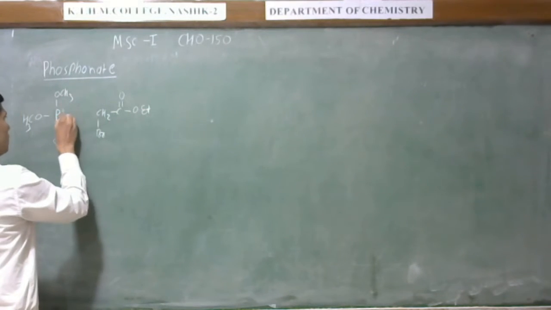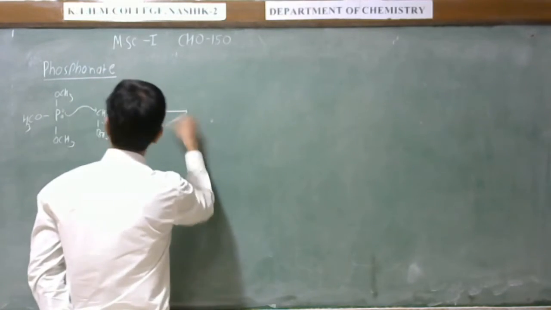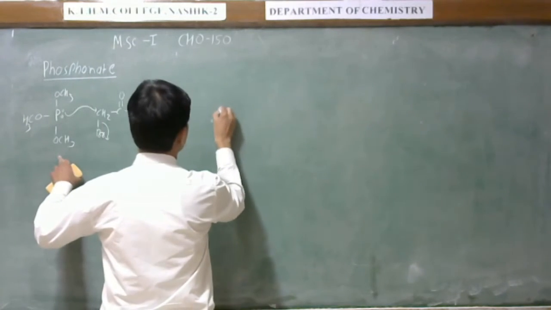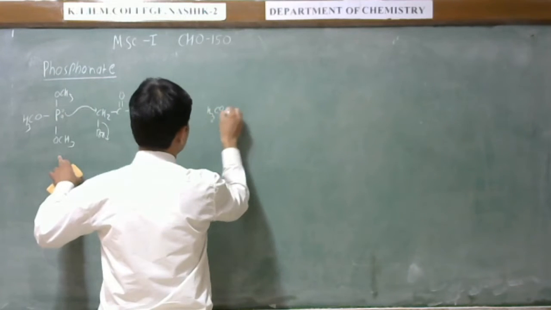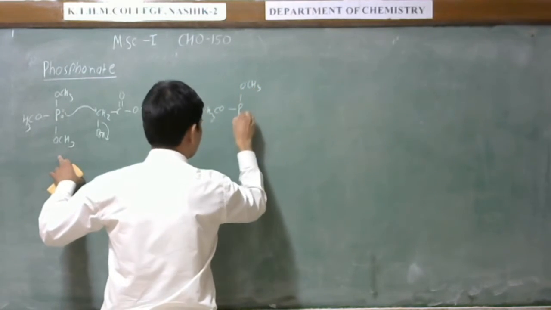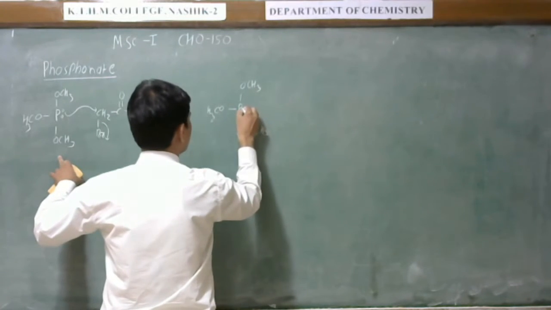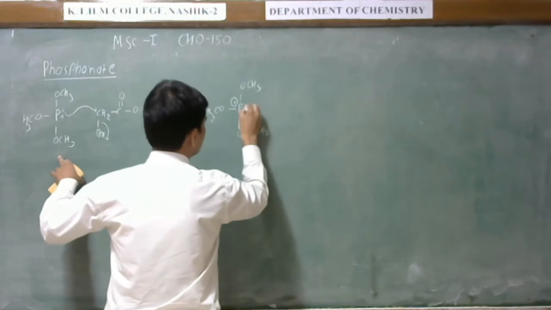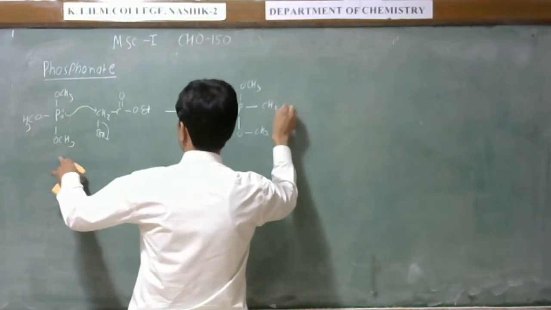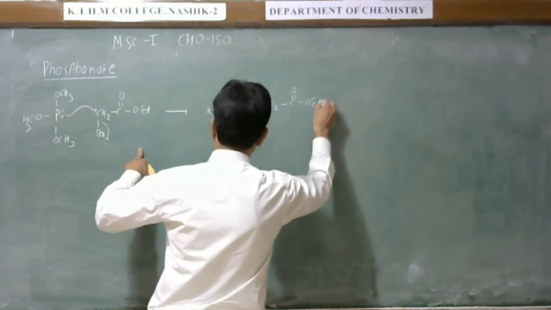Now the lone pair on phosphorus will add here, bromine will be removed, and then we get OCH3, phosphorus, OCH3, OCH3, this phosphorus now having positive charge, and this is CH2, C double bond O, this is O.